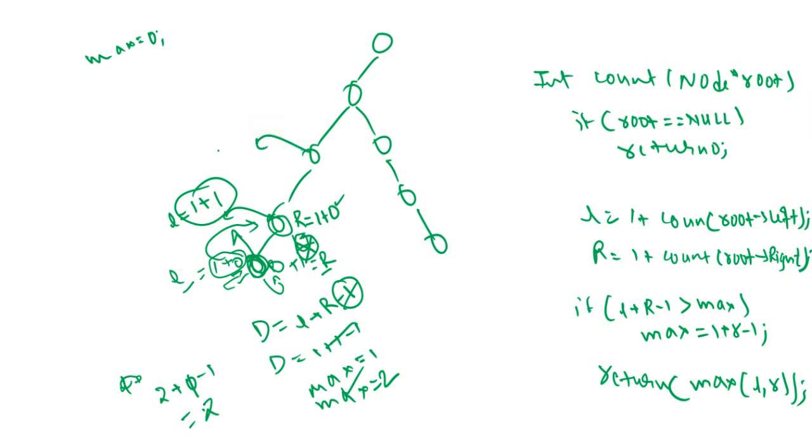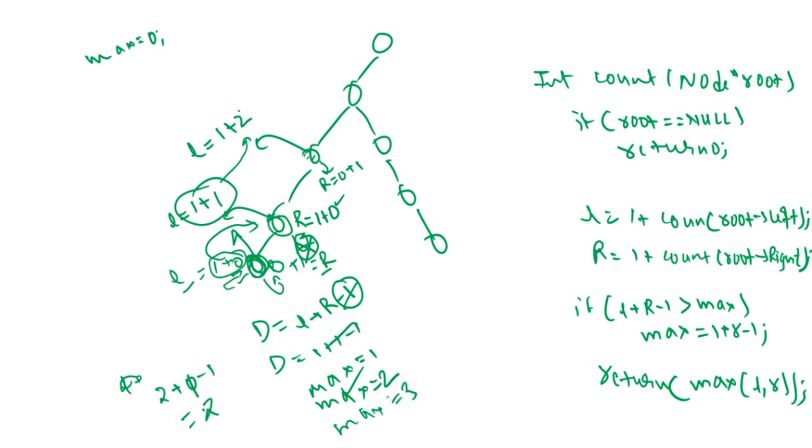So for this, the left is 1 plus the returning value, which is 2, and for this, the right is 0 plus 1. Since there is no node, it will return 0, and I will count this node also, so it will be 1. So 3 plus 1 is 4, minus 1 is 3, so max will be updated and it will be 3.